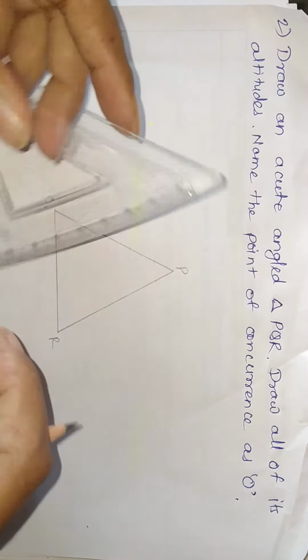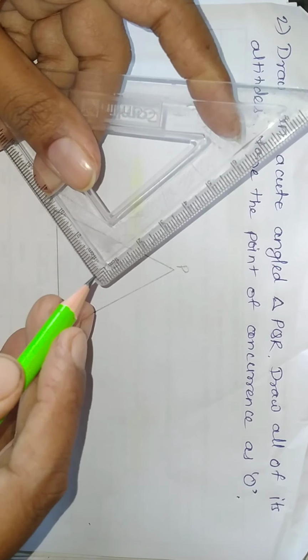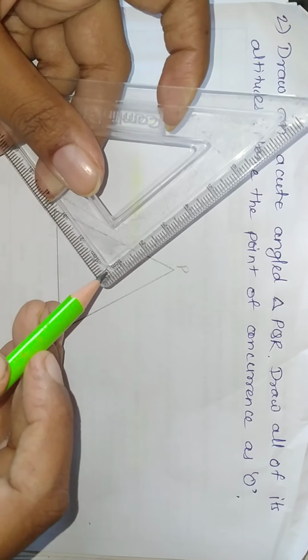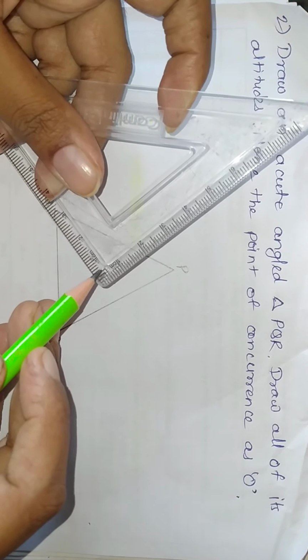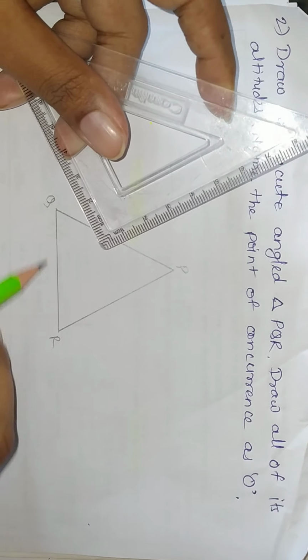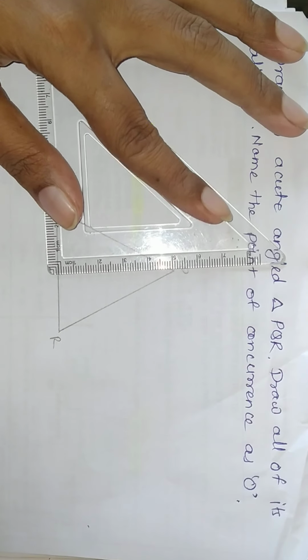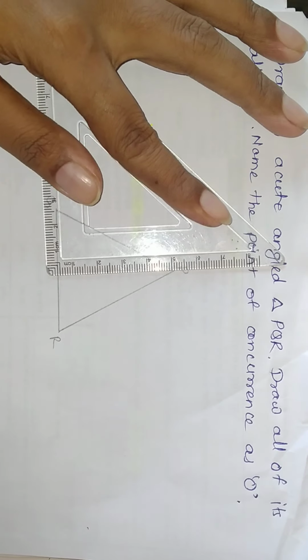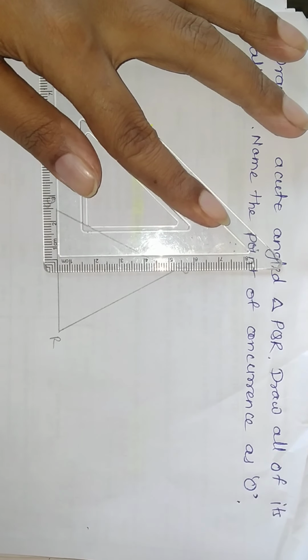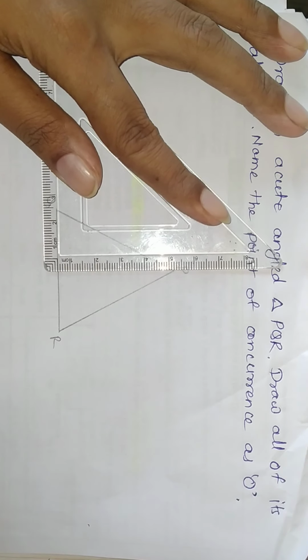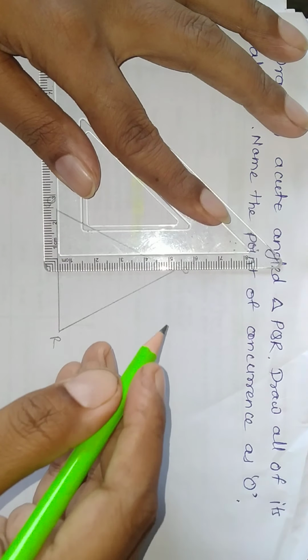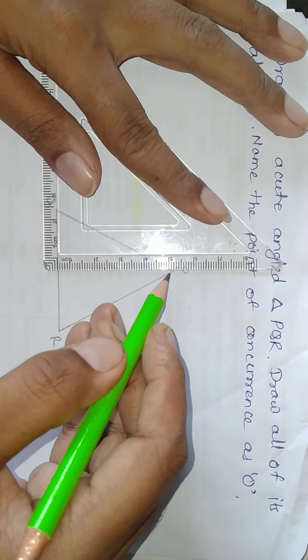From this point, see here, the point is not clear, so these lines you can see here. Like this also, like this also. These lines you can match with this baseline. It will be easy to draw then. But that line should coincide with those lines on the set square.